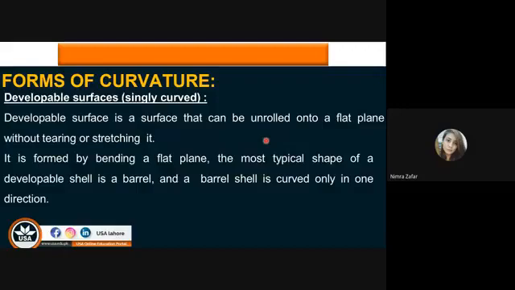Then we have developable surfaces, which are singly curved surfaces. The other name is singly curved surfaces. A developable surface is a surface that can be unrolled onto a flat plane without tearing or stretching it.